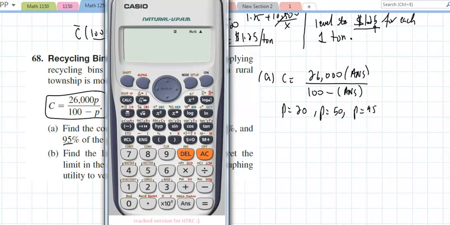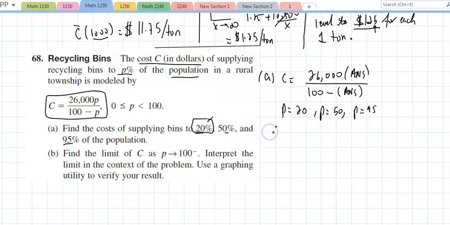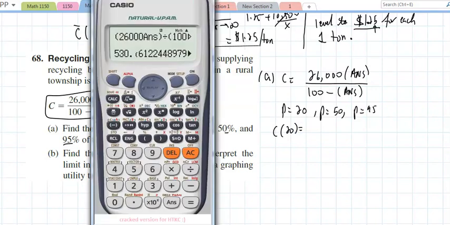Let's go with 20 first. I'm using 26,000 times answer divided by 100 minus answer. Supplying bins to 20% of the population will cost roughly, oops, I messed up.